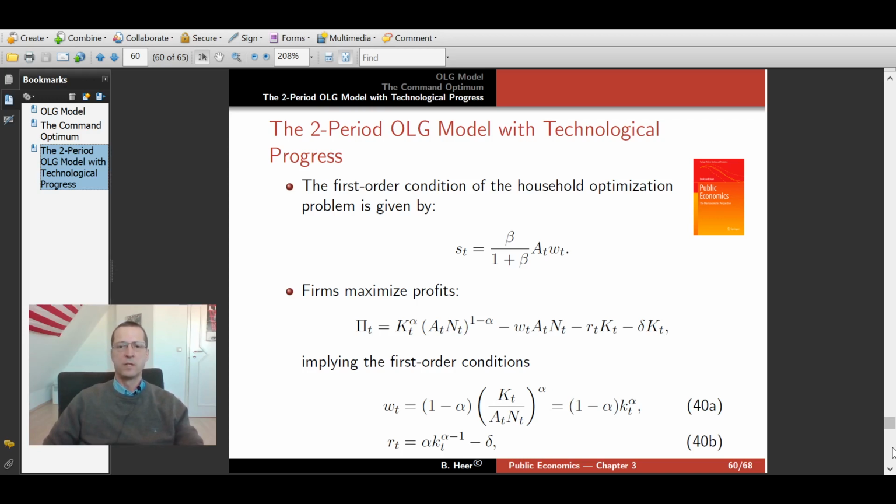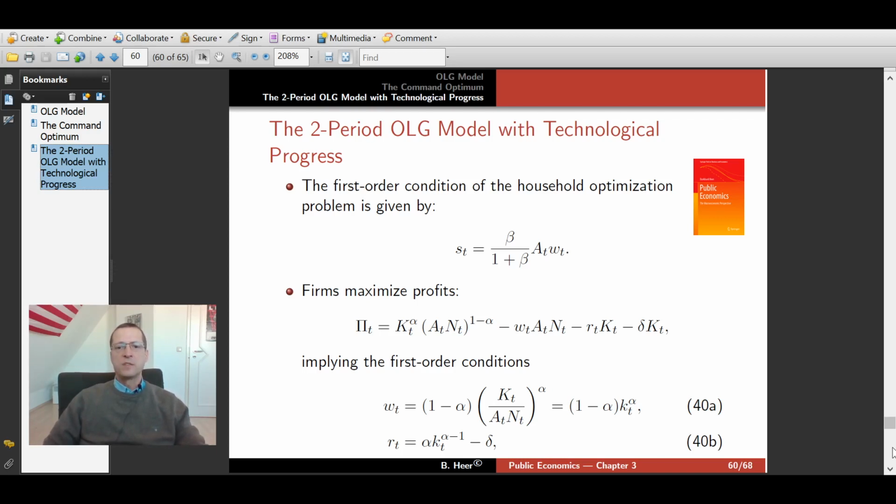So that's the neat property of log utility here in our overlapping generations model. The income effect and the substitution effect of the interest rate r_t+1 just cancel, so that savings are just a function of w_t.